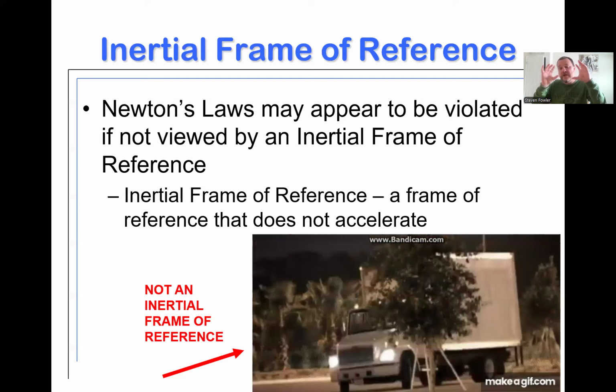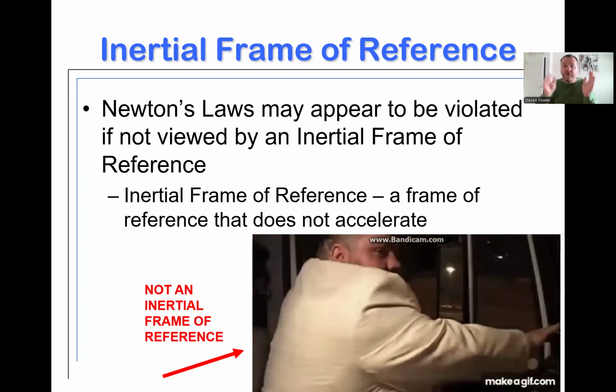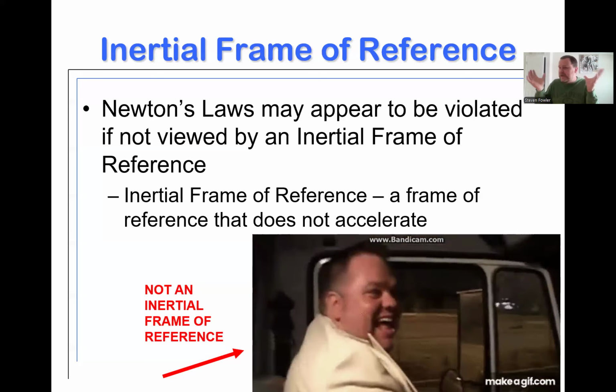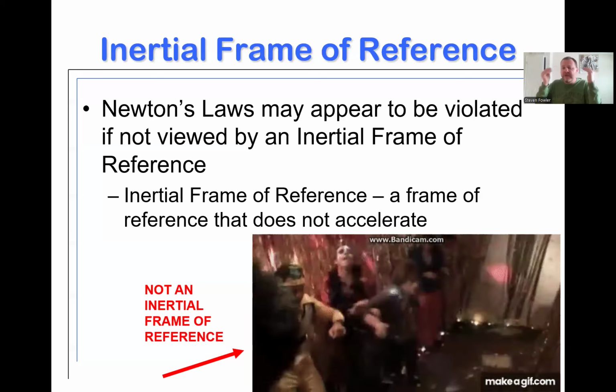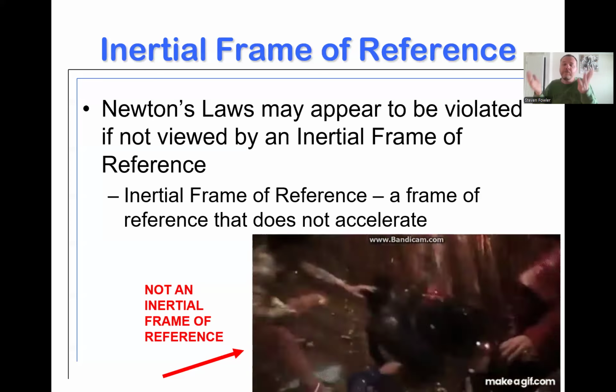The person recording is not moving. But notice everybody around them all of a sudden starts accelerating. They start moving, but it doesn't appear that anything has caused a force. Nothing's pushed them away from that wall. They just spontaneously start moving away from that wall.